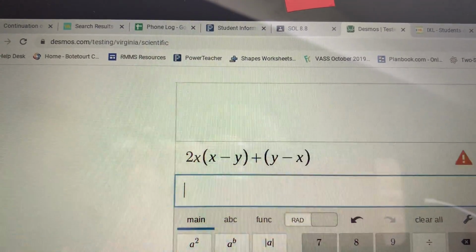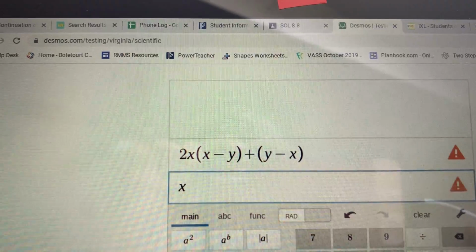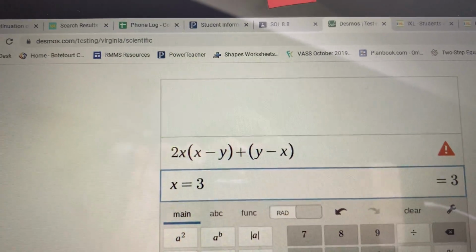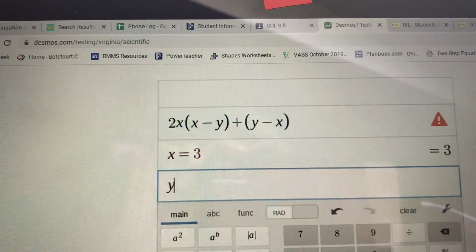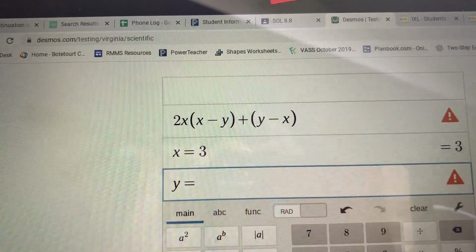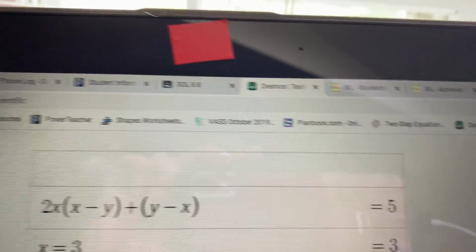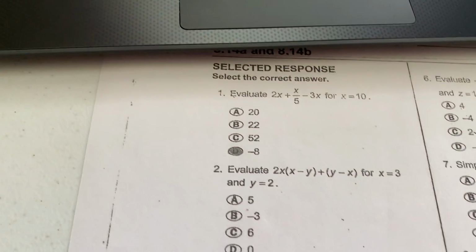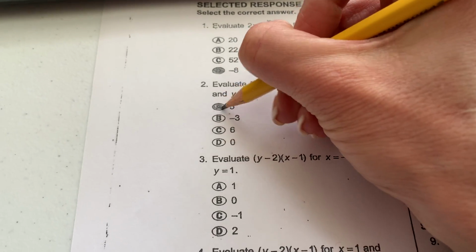And then we're going down to the next line, and we're going to say x is equal to 3. Then on the next line, y is equal to 2. And our answer to our problem is 5, which is answer choice A.